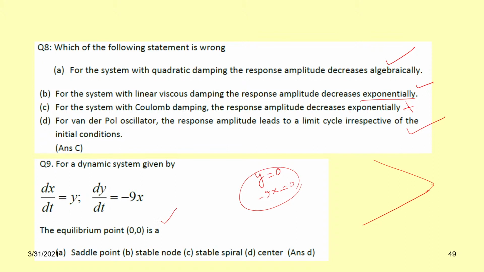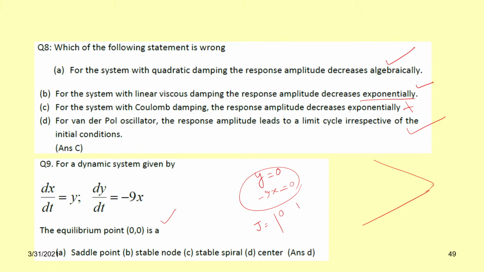Now you can find what kind of equilibrium point this is, whether a saddle point, stable node, stable spiral or center. How to check it? You just find the Jacobian matrix and find its eigenvalues. For the first equation, x dot equal to y, there is no x term, so that entry is 0, and if you differentiate with respect to y, it becomes 1.